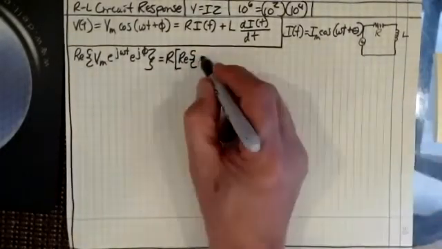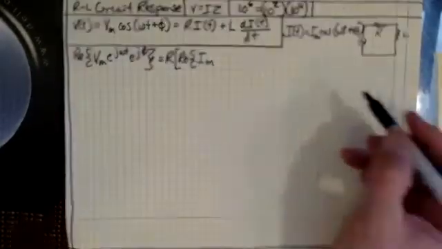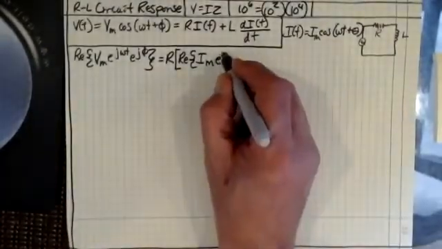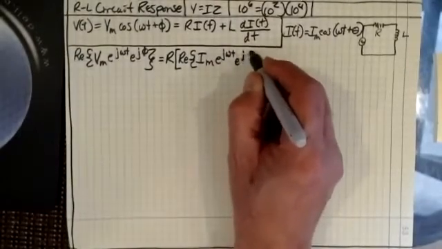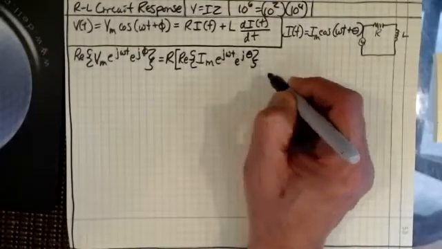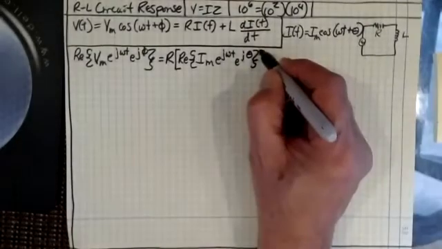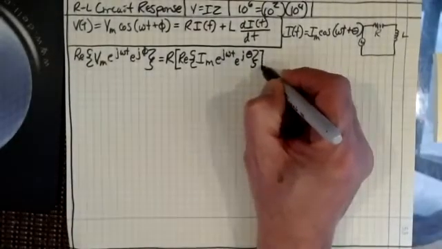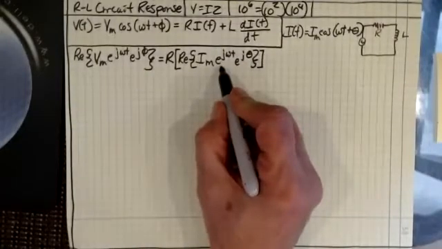I've got the real part of I max, right? And then e to the j omega t, e to the j theta, right? Does everyone see that? So that's what R is. So R and then times i.